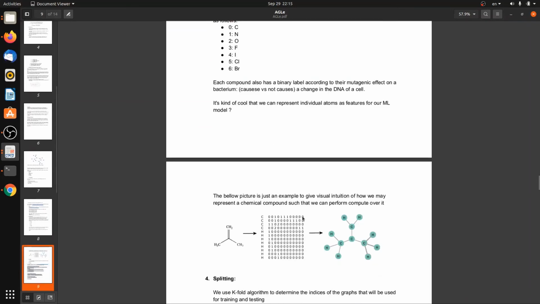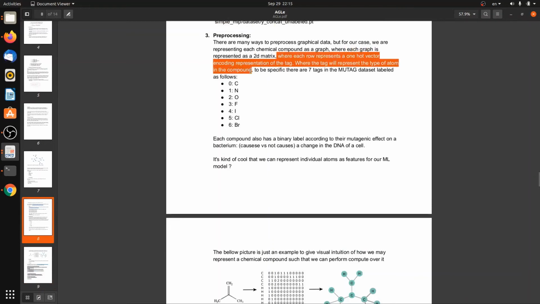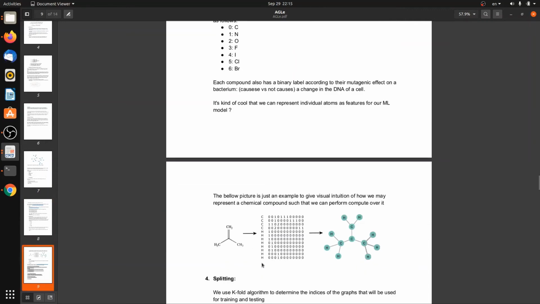Each graph is a 2D matrix, and what does this 2D matrix mean? Each row represents a one-hot vector encoding of a node. Each of these is a node, in this case an atom, and it's going to be one-hot vector encoded. This is not actually an example from the Mutag data set, but I wanted to show it to give some visual understanding.